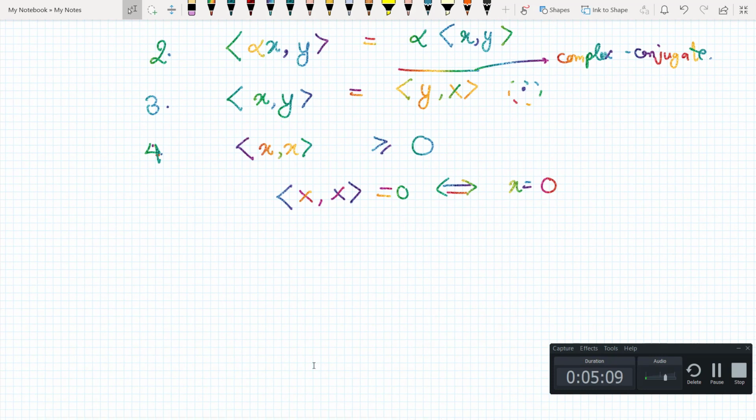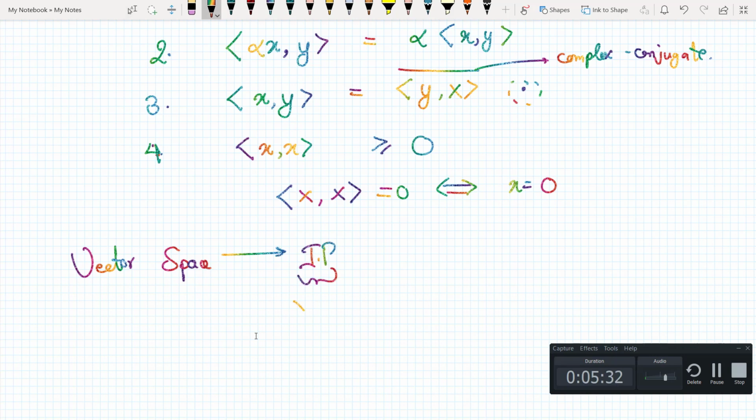Again, think of it this way. This inner product defines a norm. So I had a vector space, and on this vector space, I had an inner product. And what was this inner product?